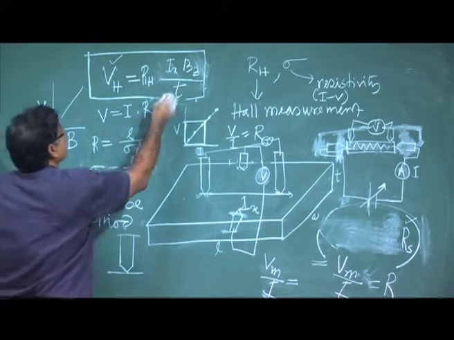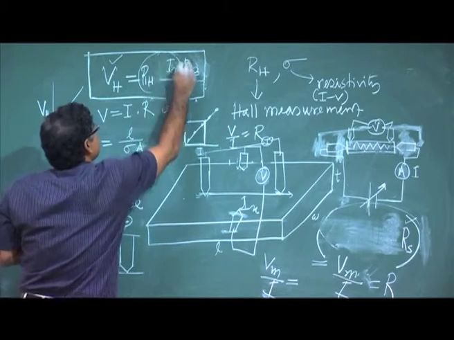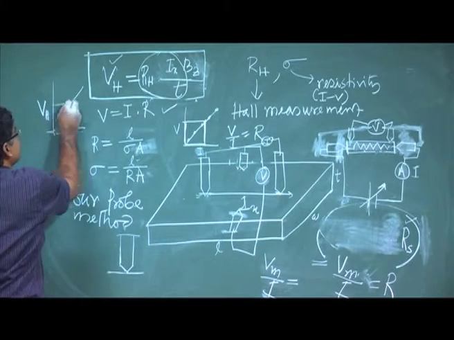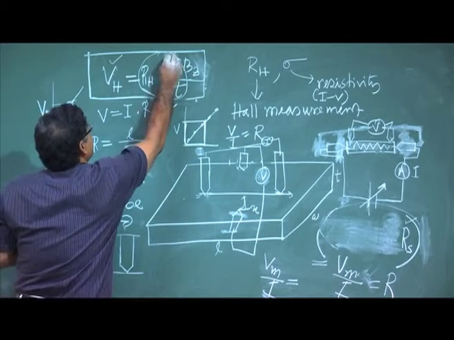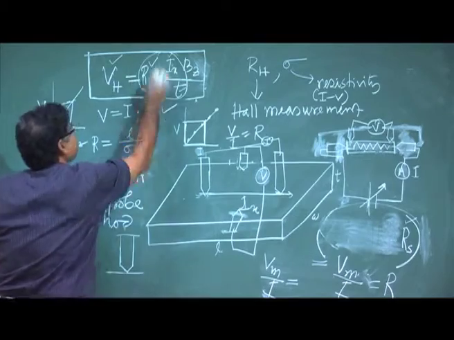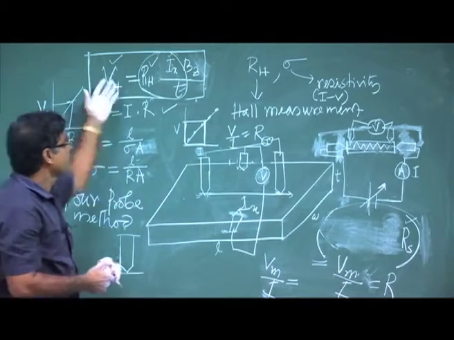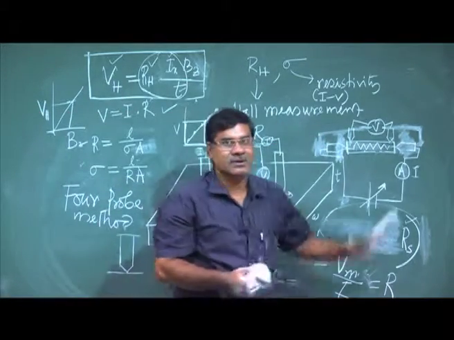From the slope you will get this constant. Ix and this are known, so you will get this Rh. Okay. So, from there one can calculate all these parameters.